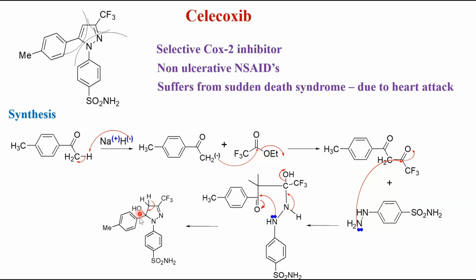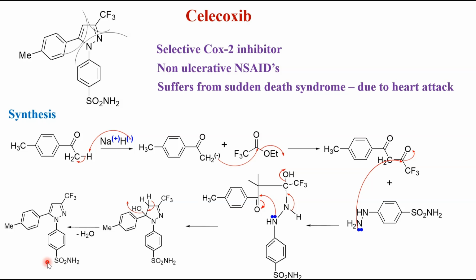To regain its stability, OH gets kicked off. H plus and OH minus combine together to lose as water molecule, and cyclization occurred already, and a double bond is formed, and aromatization has occurred now, and I have got Celecoxib. This is the preparation method for Celecoxib.